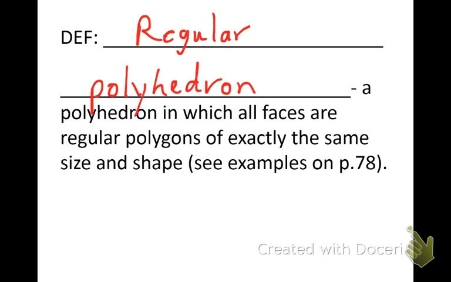There's a limited number of these. On page 78 in the book, they show the 5 regular polyhedra.